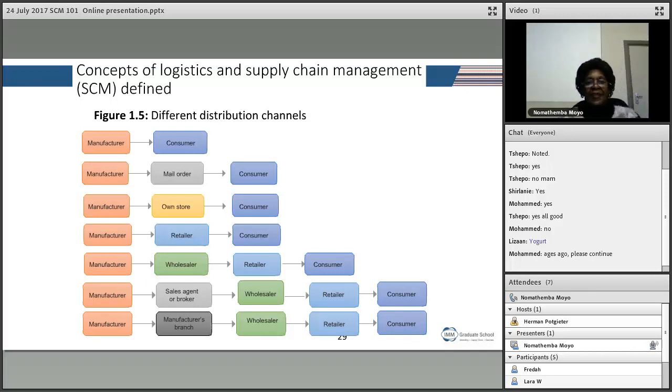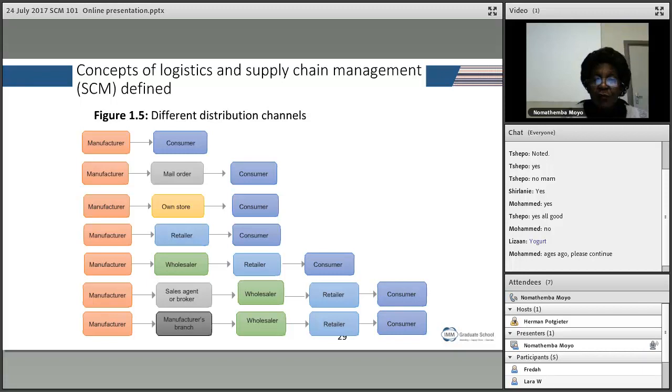So there are different distribution channels. One can be direct, manufacturer to consumer. Another can be manufacturer, mail order, consumer; or manufacturer, own store, consumer, like Woolworths and Edgars, which have their own manufacturing and their own stores, and then the consumer.